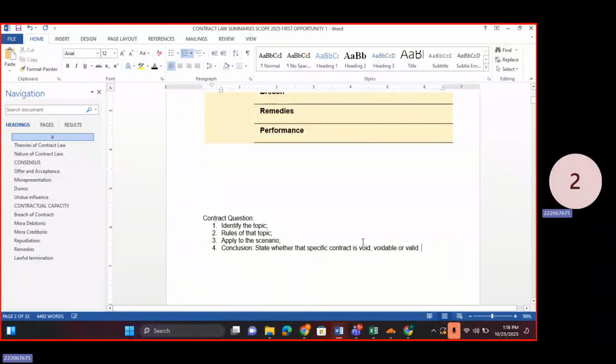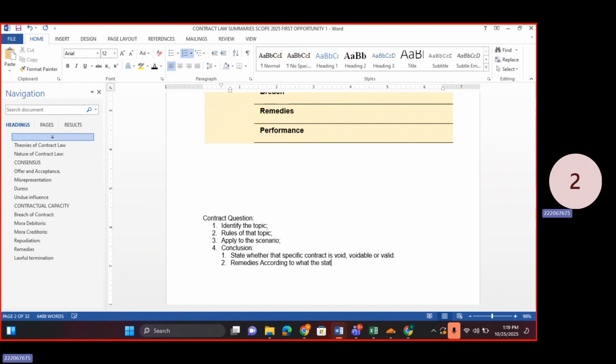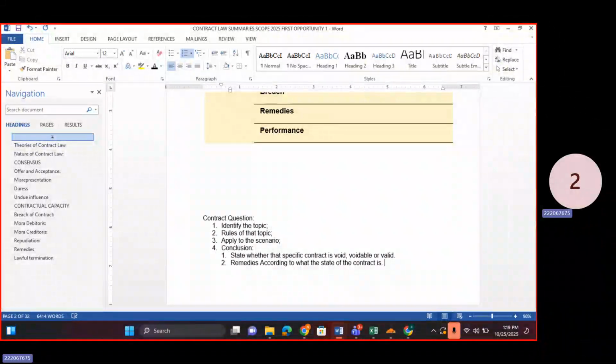Conclusion. So for conclusion, you state whether that, and then you have remedies according to what the state of the contract is.